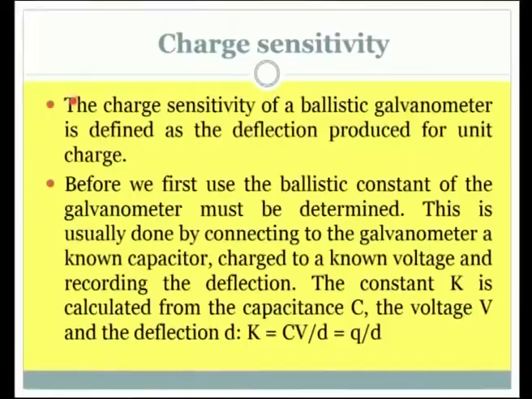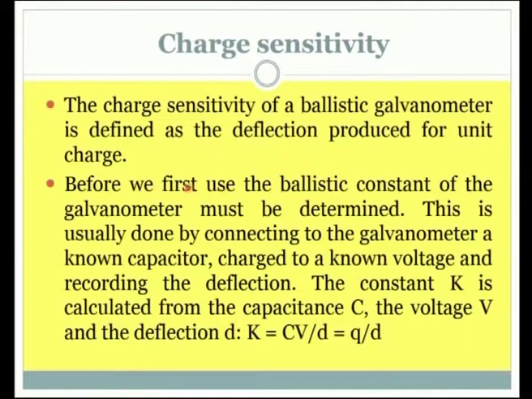Mainly the ballistic galvanometer is used for measuring charges, the amount of charge in millicoulomb or microcoulomb, because it is highly sensitive. So, charge sensitivity is to be understood. The charge sensitivity of a ballistic galvanometer is defined as the deflection produced for unit charge.